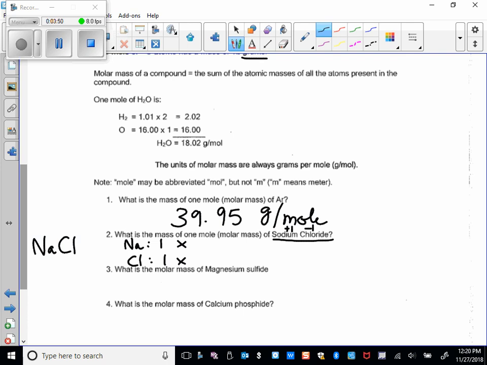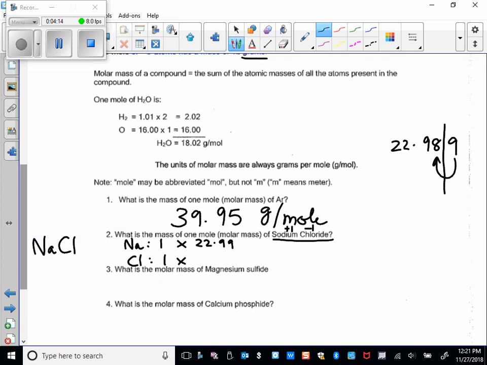Are you sure? No. What is the number given as? I see it as 22.989. So if I round, what will it become? 22.99. So this is 22.99.